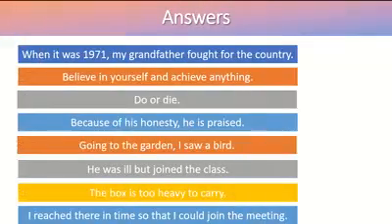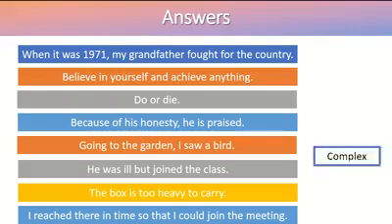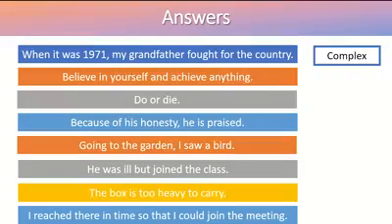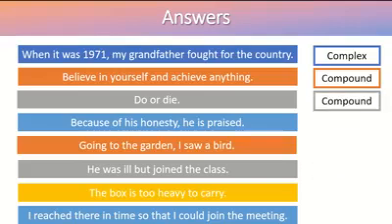When it was 1971, my grandfather fought for the country. It's a complex sentence. Believe in yourself and achieve anything. It's a compound sentence. Do or die is a compound sentence. Because of his honesty, he is praised. It's a simple sentence.